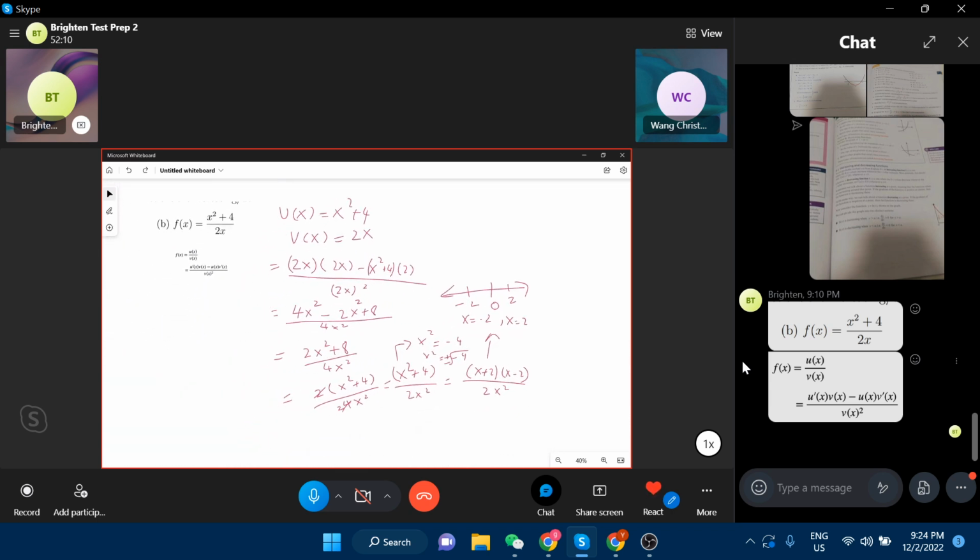Minus 2 minus x minus 4 and minus 2x plus 4. Oh yeah, you see, I made a mistake here. This negative should belong to the whole thing, like this.